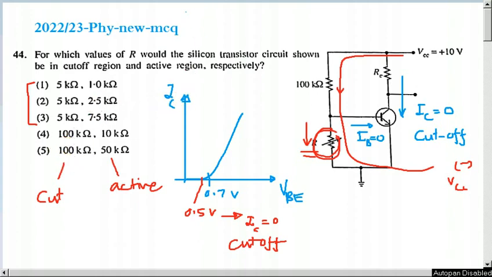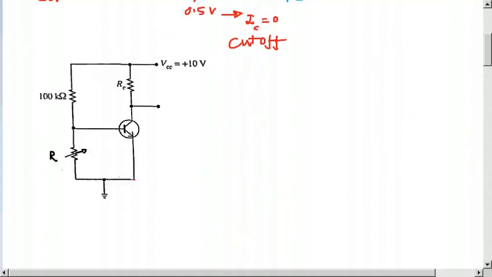Then what is active region? What is active region, or active state of a transistor?